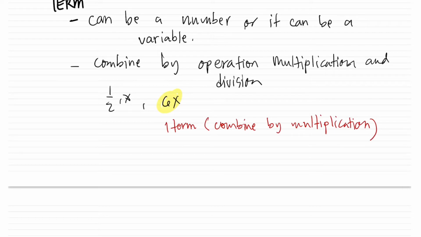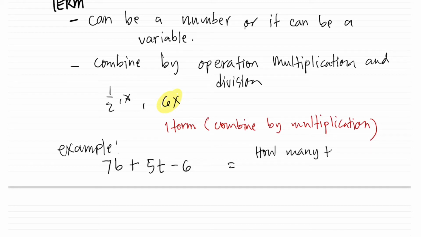For example, if we have 7b plus 5t minus 6, the question is, how many terms are there? You're going to count them as 1, 2, 3. So there are 3 terms.